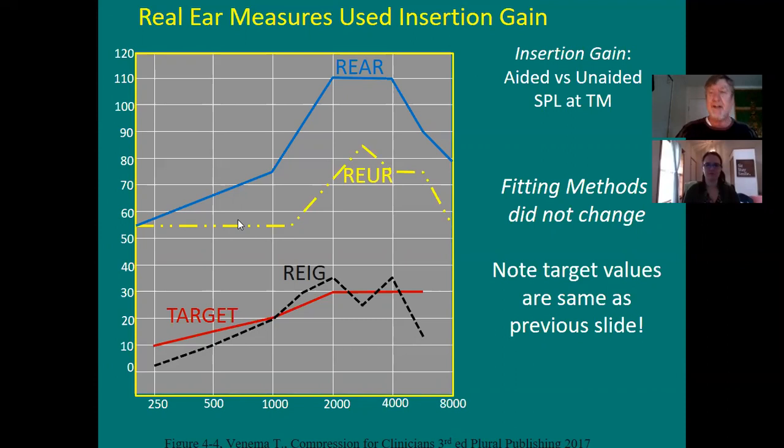He hated insertion gain, and still hates it, because he says, if you plug up an ear with a headphone during a hearing test, you've driven a truck over your real ear open unaided ear canal resonance. You've closed it. You put a headphone on it.